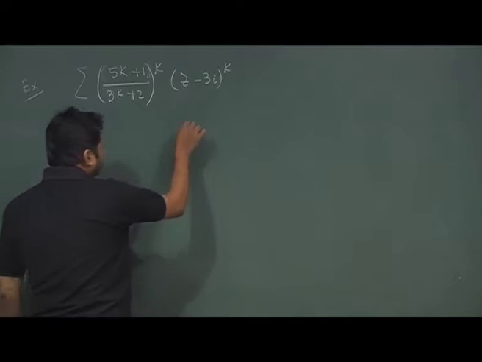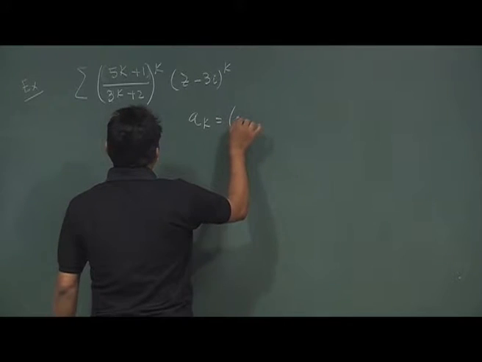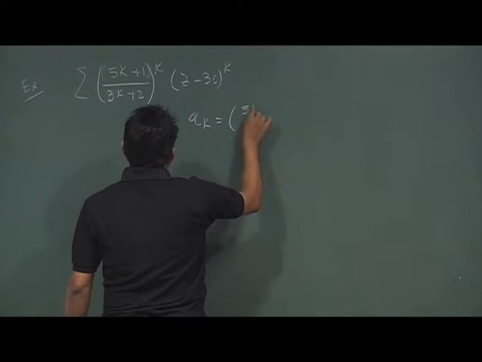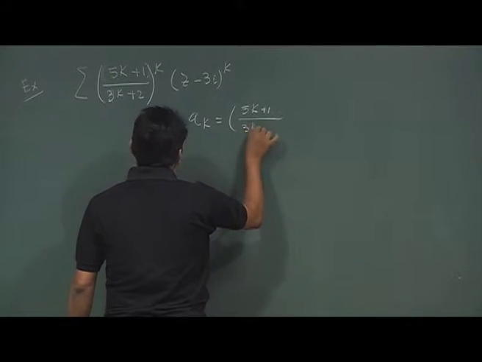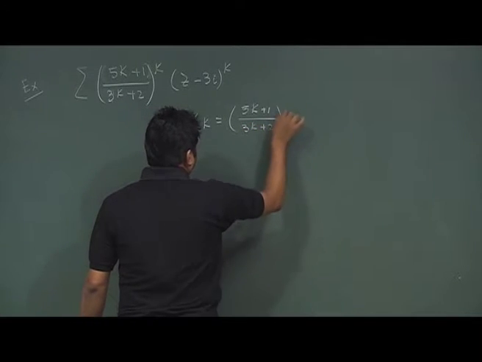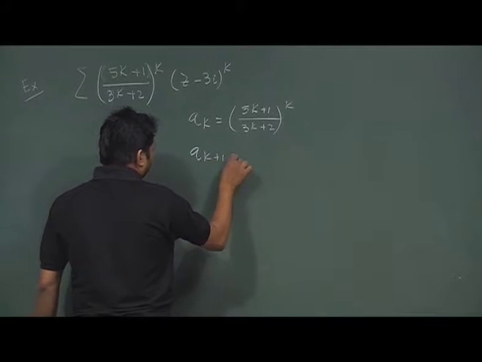Now if you check what is your a_k, it is straightforward: it will be ((5k+1)/(3k+2)) to the power k. But what is your a_(k+1)?